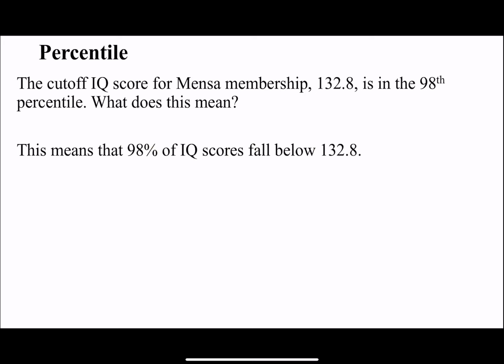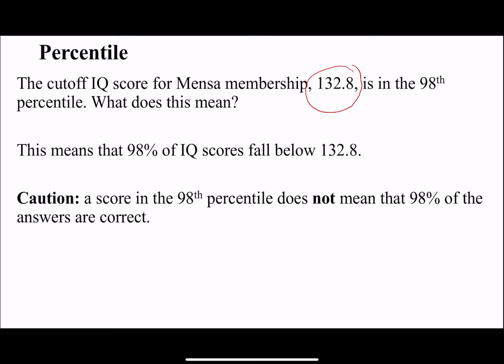What does it mean? It means that 98% of the IQ scores are lower than 132.8. So I'm talking about a particular score which is 132.8. The percentile of this score is 98. It means that 98% of the IQ scores are lower than 132.8. Okay?